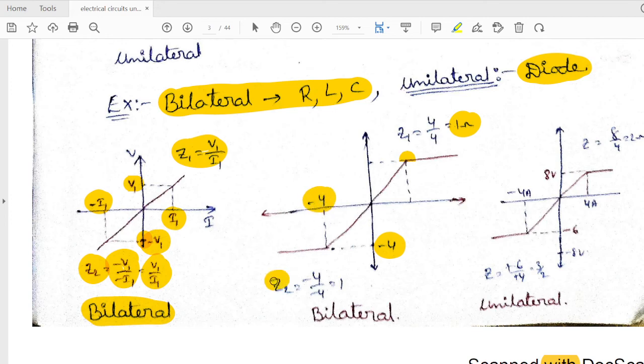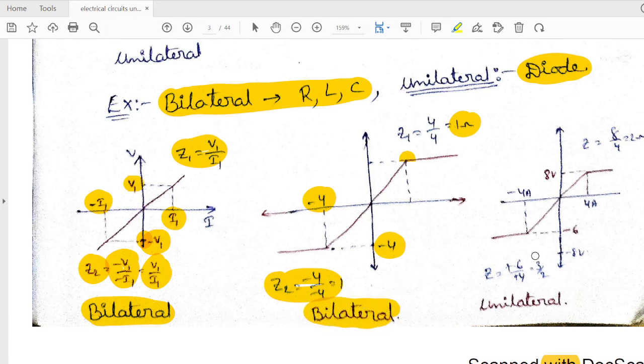So if I calculate Z2 now, minus 4 by minus 4, again I got 1. So before changing the polarity and current direction, I got the impedance 1 ohm, even after changing the polarity and the current direction, I am getting the same impedance. So this element is also bilateral.